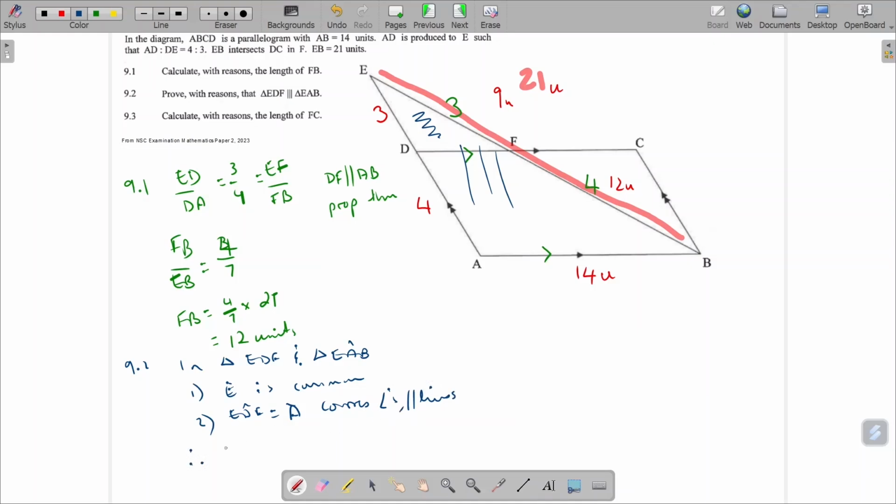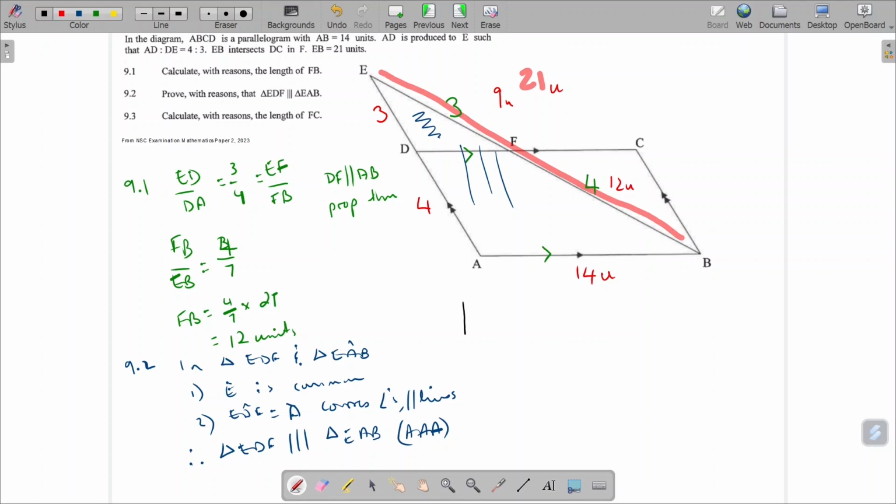And therefore it follows that triangle EDF is similar to triangle EAB, angle, angle, angle. I'm now going to move on to 9.3.